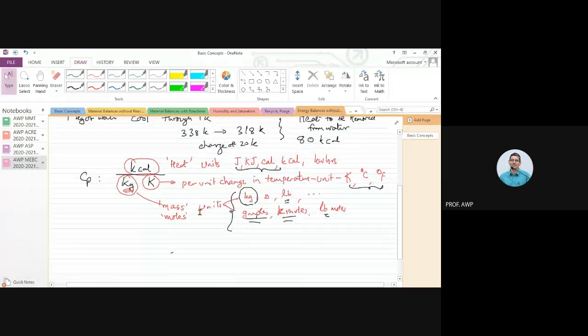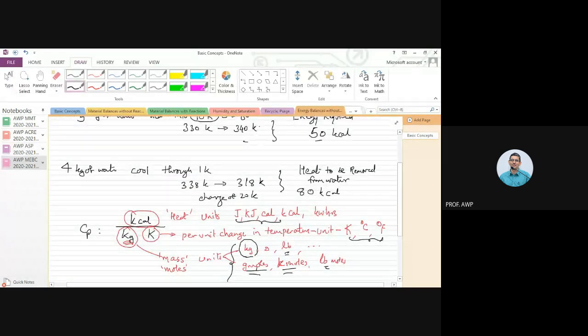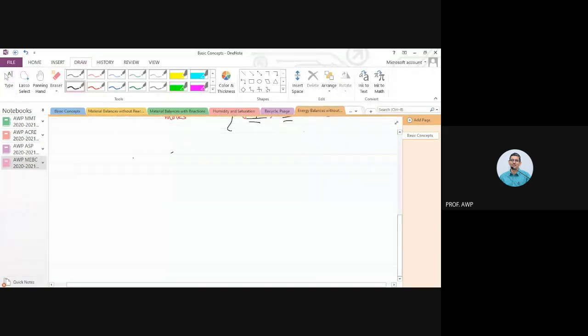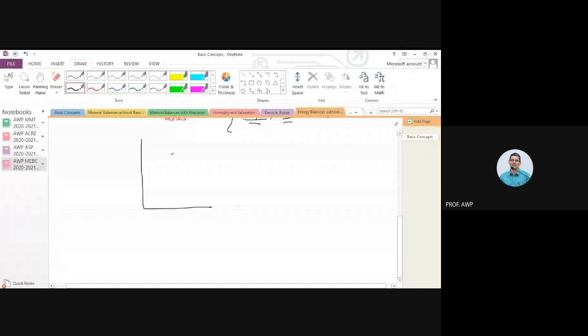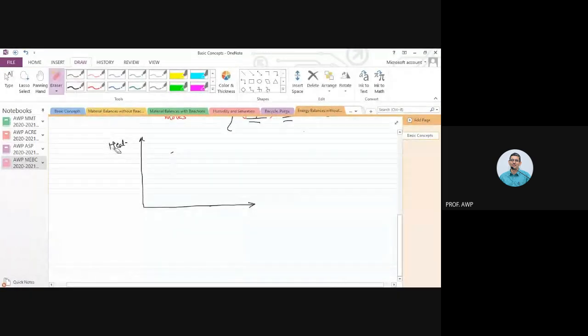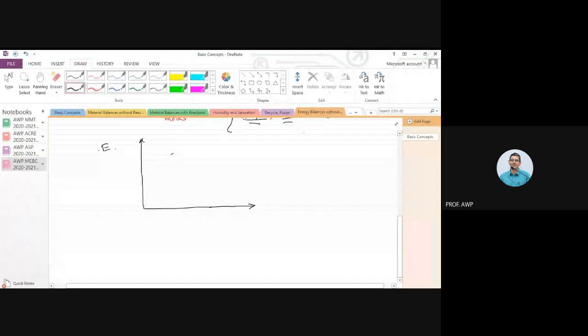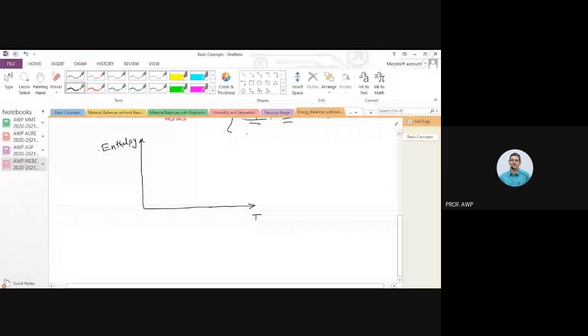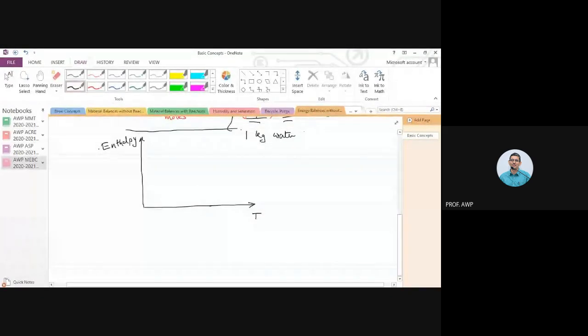So if you think in terms of heat, suppose I want to plot a graph of heat, or I could write enthalpy, versus temperature, for 1 kg of water.